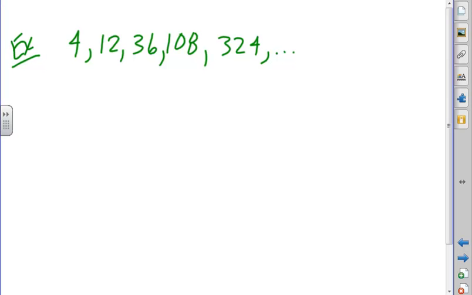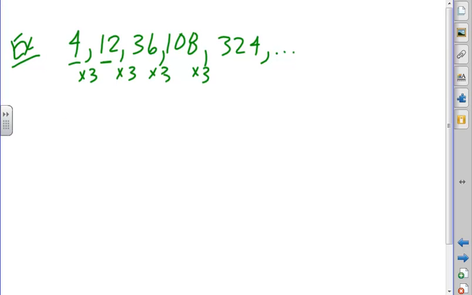So starting to get familiar with geometric, you should say, well, let me think, do I continuously multiply by the same number? So you probably look at the smaller numbers and say, well, yeah, 12 divided by 4, yep, that's 3. 12 times 3, yep, that's 36. 36 times 3, yep, that's 108. 108 times 3, you might need to use your calc to check, but sure enough, that does equal 324. So this is a geometric sequence.